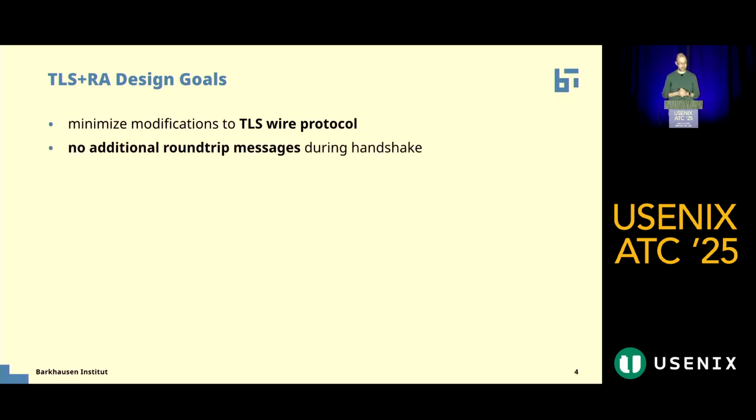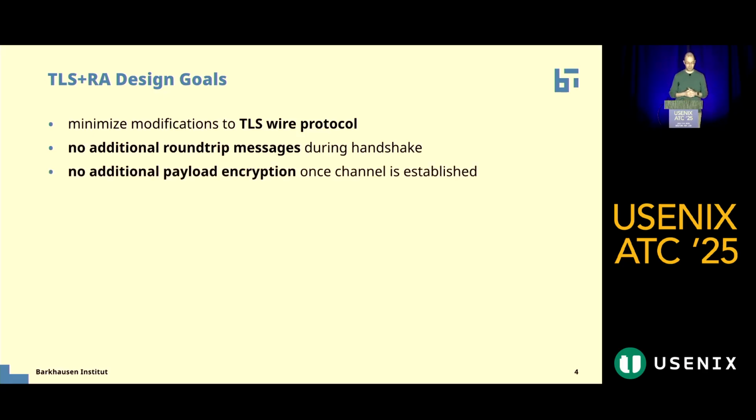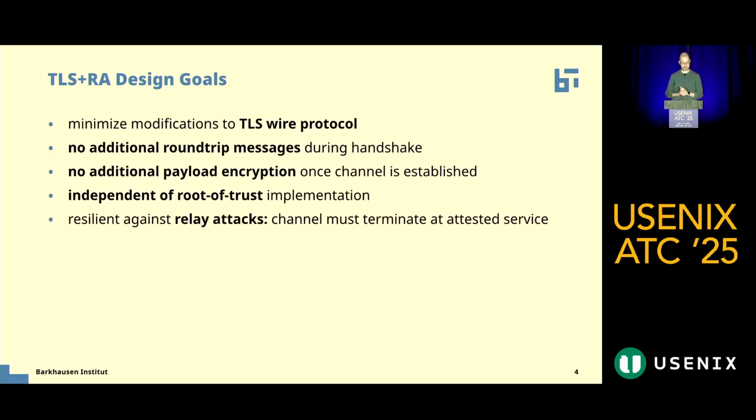We want no additional round trips of messages during the handshake in order to keep latency low. We don't want any additional payload encryption once the channel is established, so it should be a regular TLS channel. We want to be independent of the root of trust, so it should not be specific to one technology. We want to be resilient against relay attacks.